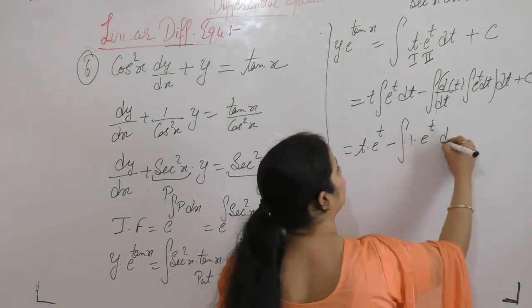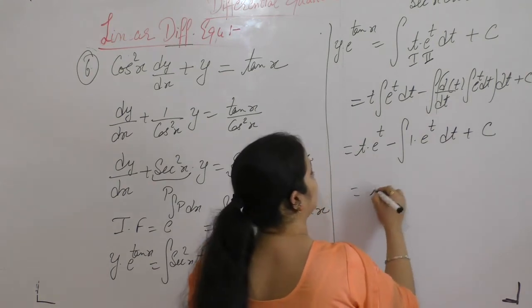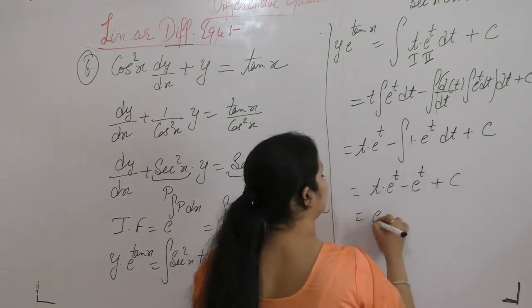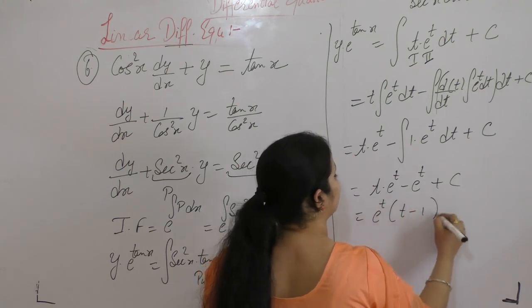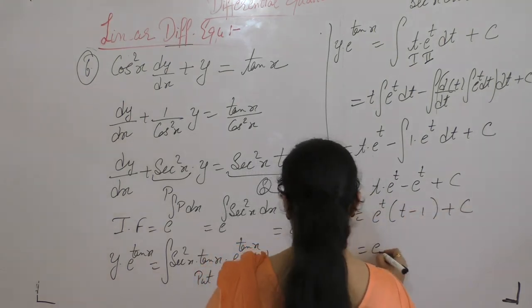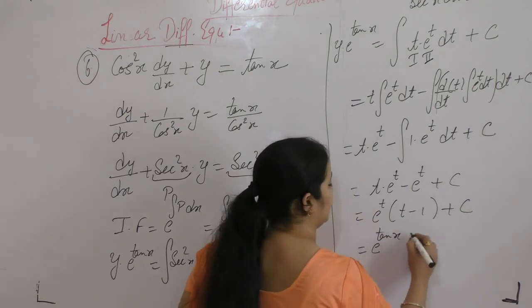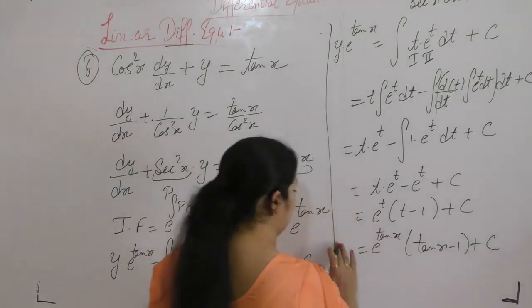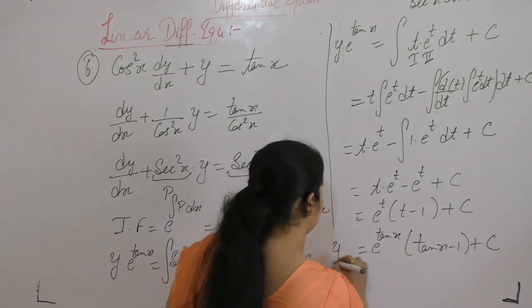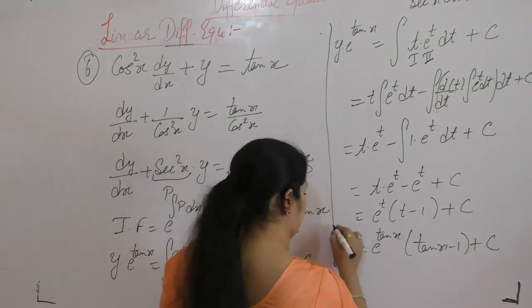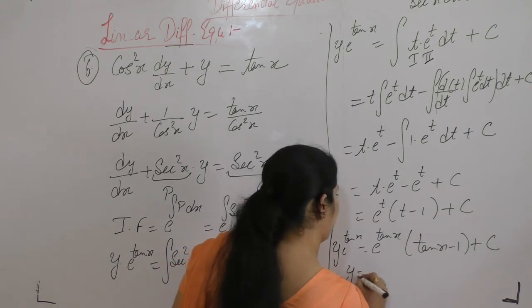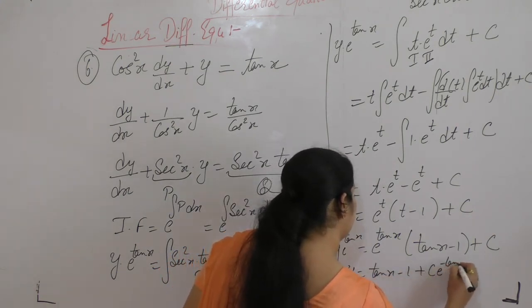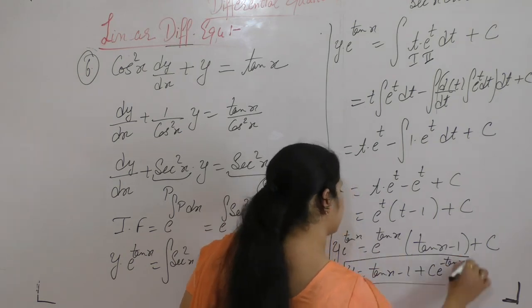Integral of e power t plus c. t into e power t minus e power t plus c. e power t times (t minus 1). What is the value of t? t is tan of x. e power tan x times (tan x minus 1) plus c. y into e power tan x. So we get y as (tan x minus 1) plus c into e power minus tan of x.